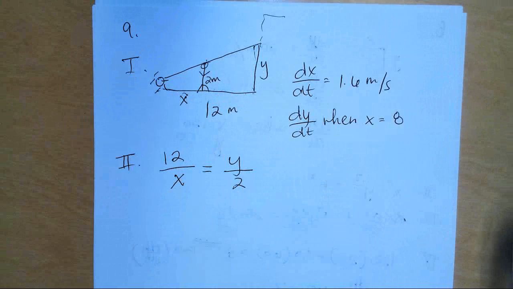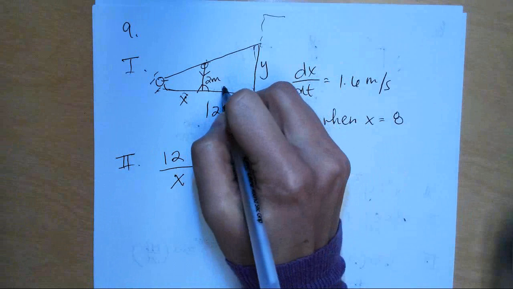Okay, here we go. 12 is to X, Y is to 2, right? Are we good? 12 is to Y as X is to 2. This is 12 minus X, so this isn't in a similar triangle.